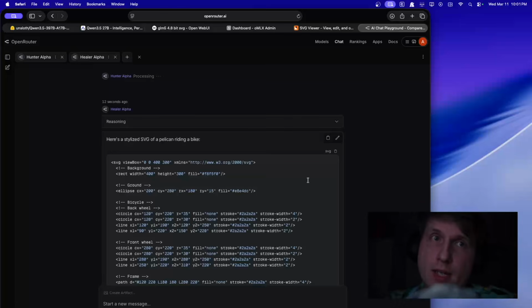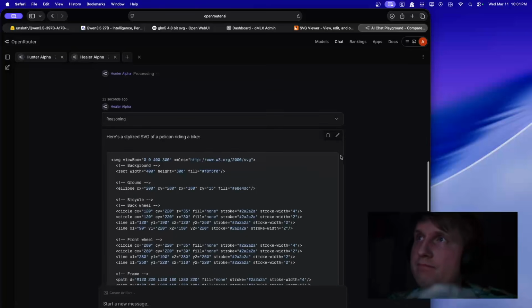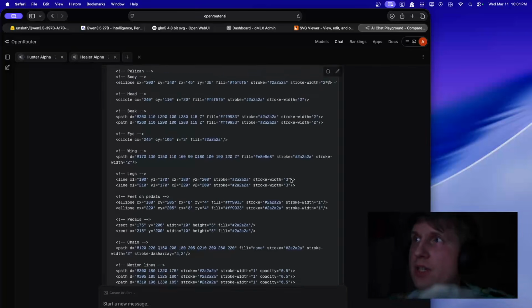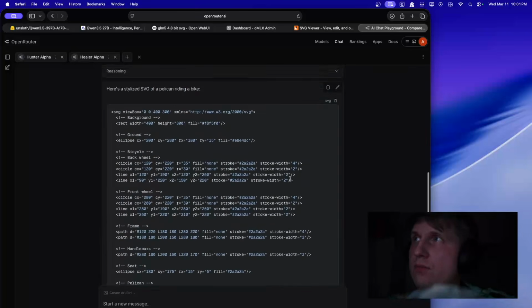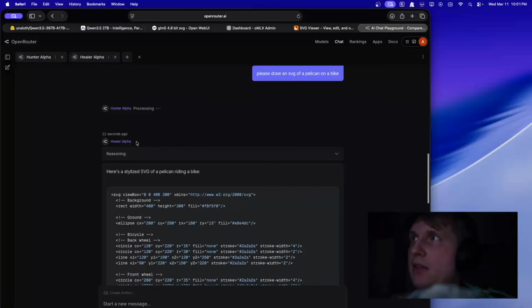Although this is an SVG that's been used quite a bit. You can see Healer Alpha already processed, so we're going to go ahead and see how this looks.